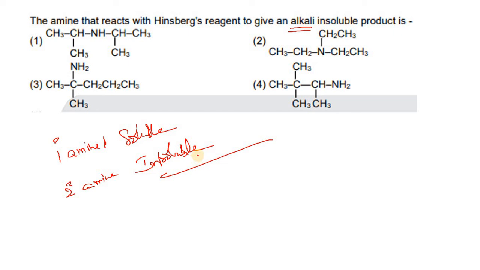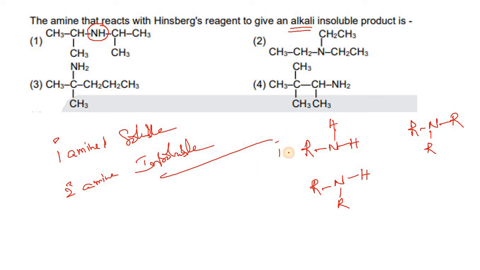So you have to identify which one is a secondary amine. What is a primary amine? This one has 2 hydrogens, and a secondary amine has only 1 hydrogen. In a tertiary amine, there is no hydrogen on nitrogen. So this is primary, secondary, and tertiary. You have to identify secondary.